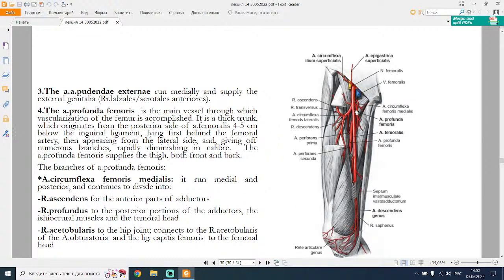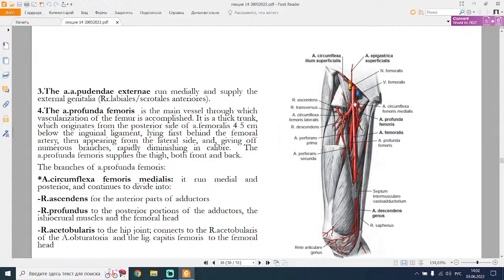Next, arteria profunda femoris. Arteria profunda femoris is the main vessel through which vascularization of the femur is accomplished.